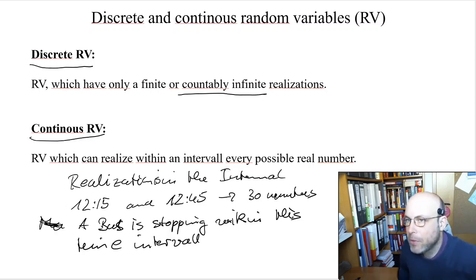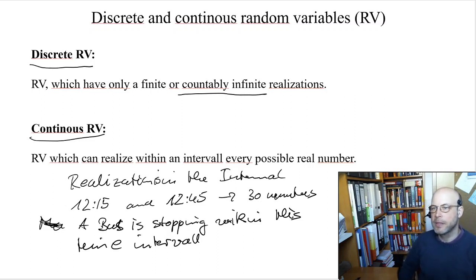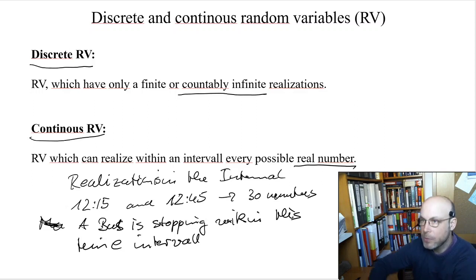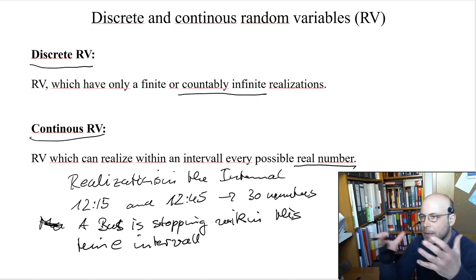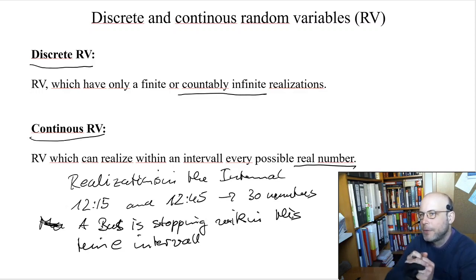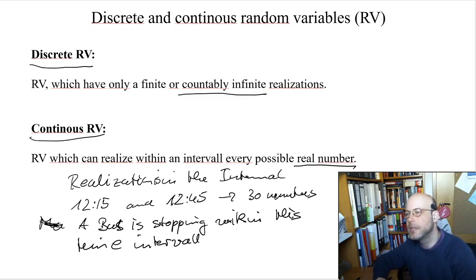Well, maybe you have heard this in school, that the real numbers you cannot count. So you don't have a mapping from the natural numbers onto the real numbers because we have infinitely more real numbers, so to speak, a bit less speaking, infinitely more real numbers than we have natural numbers.